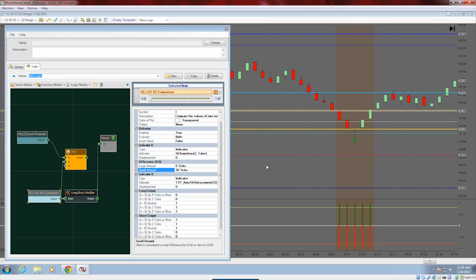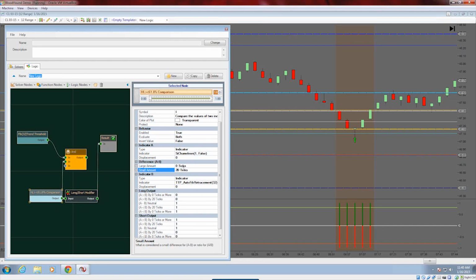So anytime I want to set a range from the price bar or any other indicator versus another indicator, and I'm comparing the two, and I want to use a range, I'll use the small amount and this neutral and this one, A less than B by N number of ticks, and that N number of ticks is the small amount right here. Okay? Kind of a little bit more of an advanced condition, but nonetheless, you guys need to learn this stuff because this is one that I use quite often in just about every system that I build.